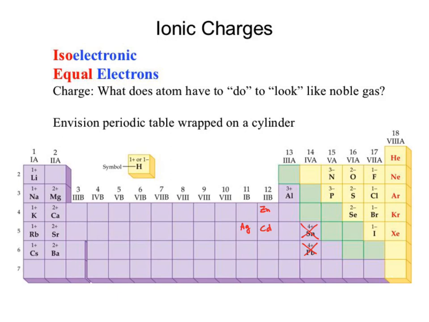Except for those three, we require you to memorize those. Zinc is a +2. What do you think cadmium is? Why is it also a +2? Same family. Okay? Silver, it's a +1.